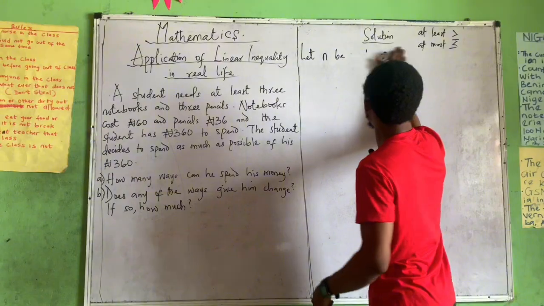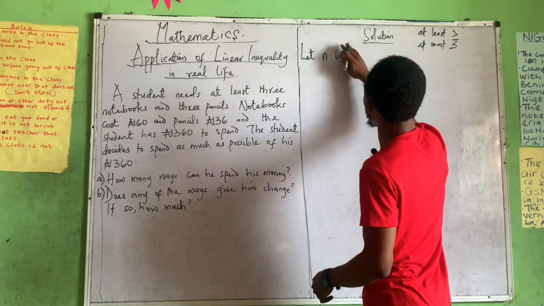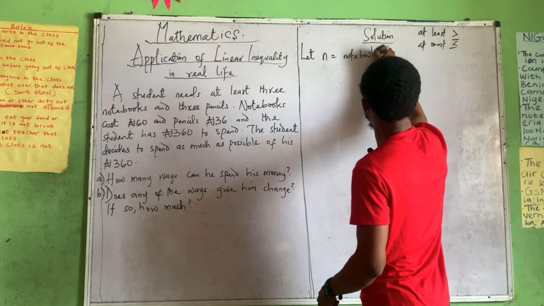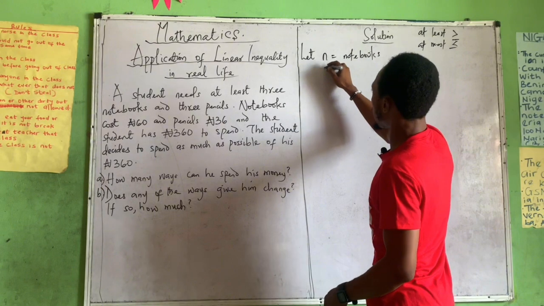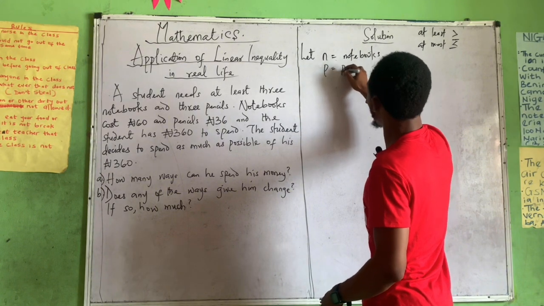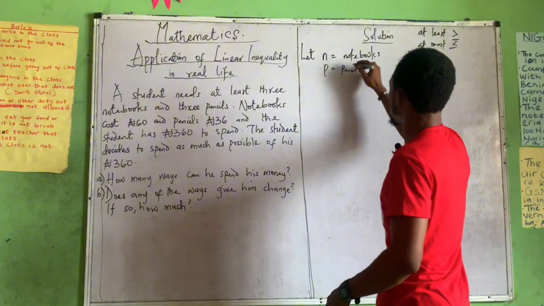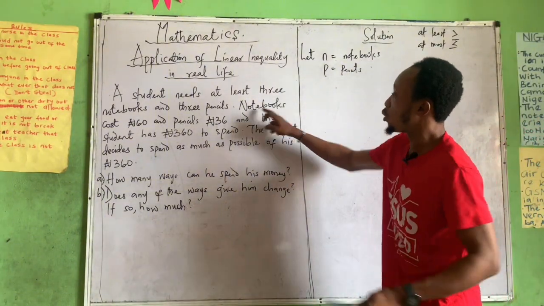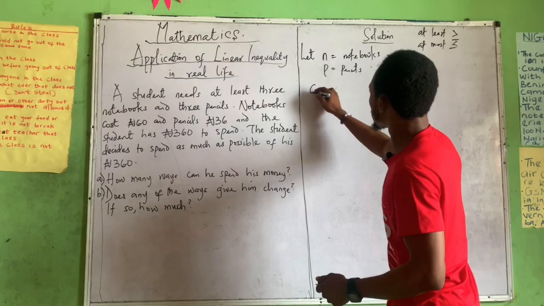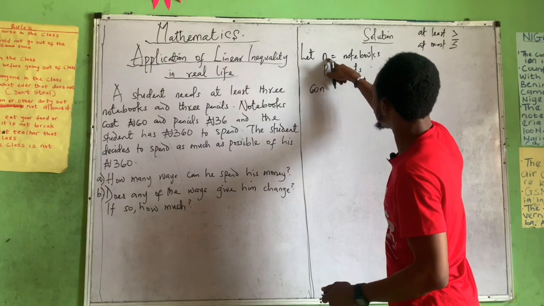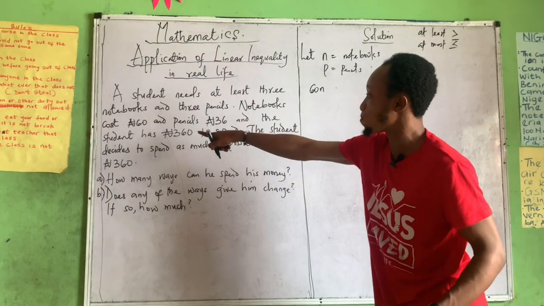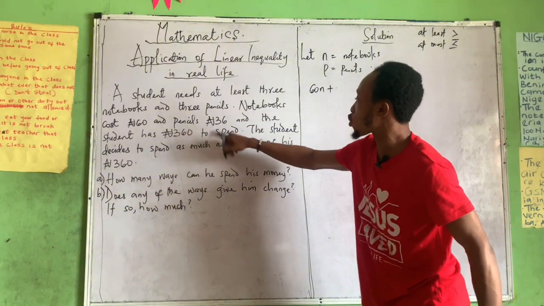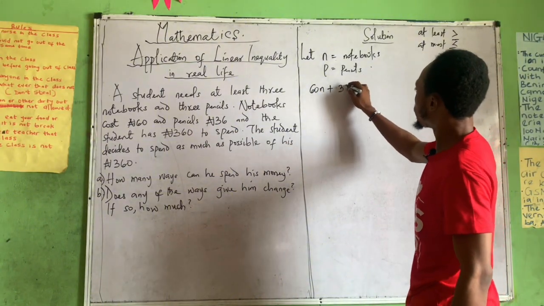Okay, let's just say let n equal notebook and p equal pencil, to be easy for us. Now notebooks cost 60 naira, so 60n. And pencils cost 36 naira, 36p.